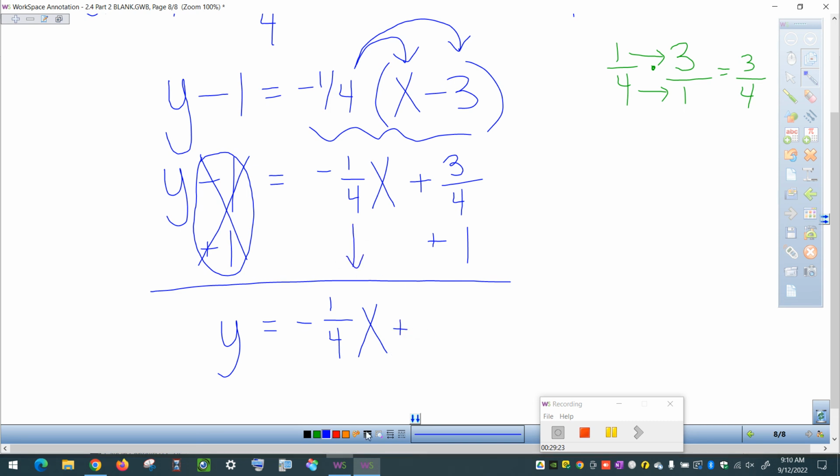So that's going to stay the same. What we need to talk about now is how to add 3/4 to 1. Because this is just a nice whole number here, one way to think about it is it's going to be 1 and 3/4.